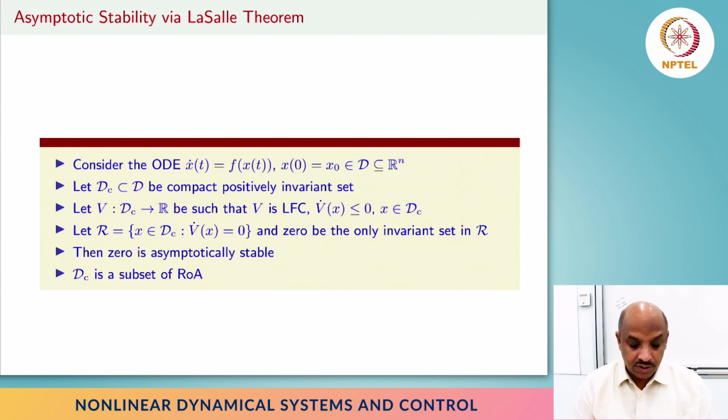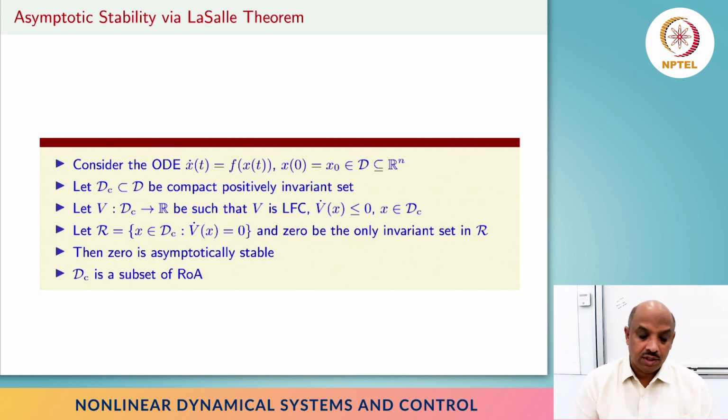But with that additional assumption, what we conclude is asymptotic stability. In reality, D being a compact invariant set is not necessary, because the Lyapunov function is going to give you that, but it could be very local. Therefore, we can actually conclude much more than the standard Lyapunov function result. If all these conditions are satisfied, then D is actually going to be a region of attraction.